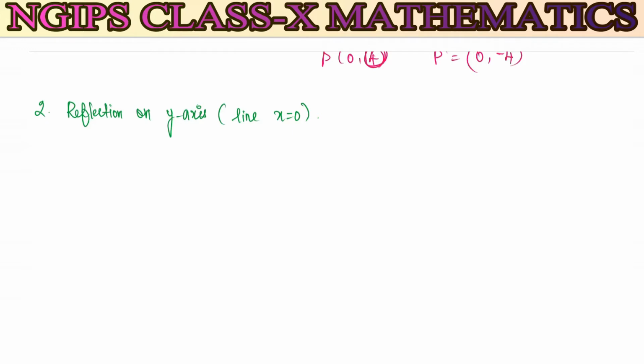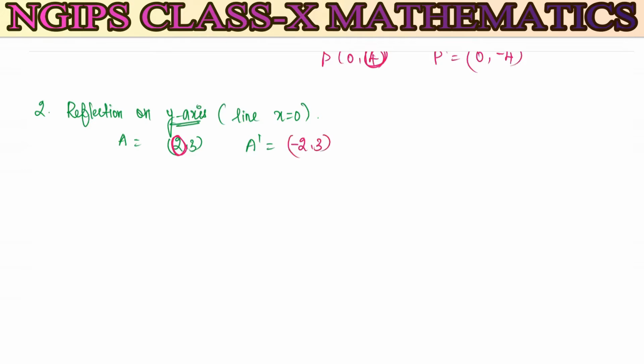Yes, reflection on y-axis is nothing but just we need to change the x coordinate point. For example, when you have A is equal to 2 comma 3, what you will get is the image of this. Image means, y-axis means axis means opposite you need to take. So when it is y, you need to change x. So you will get here minus 2 comma 3.